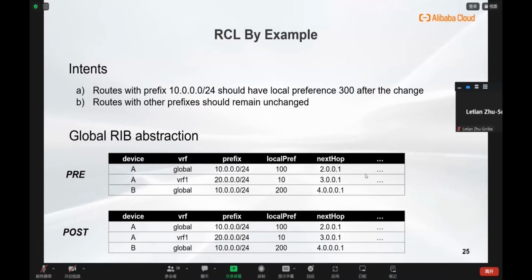In general, though, if for a route on router X the next hop is pointing to router B, and you want to say there exists another route on router B that points back, that may be possible to specify in this language.